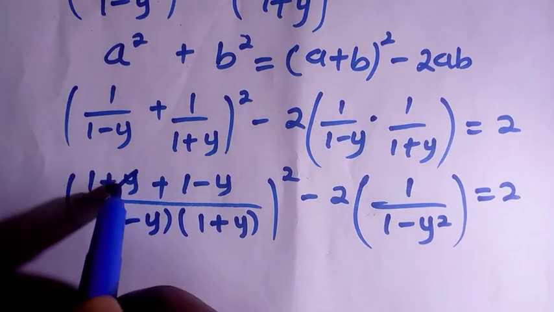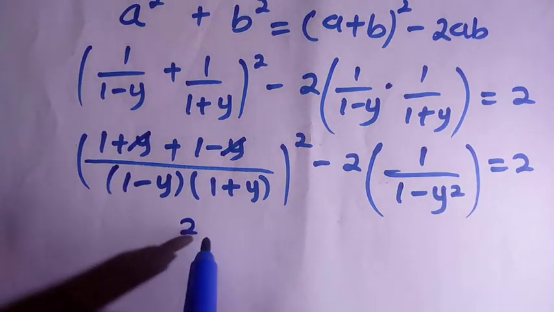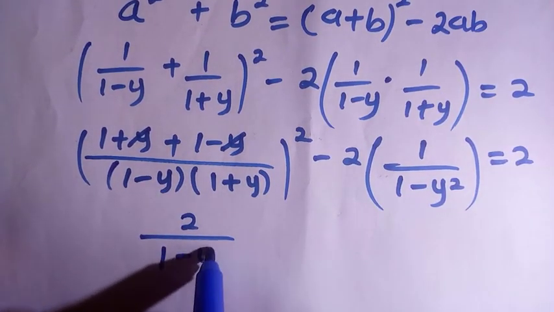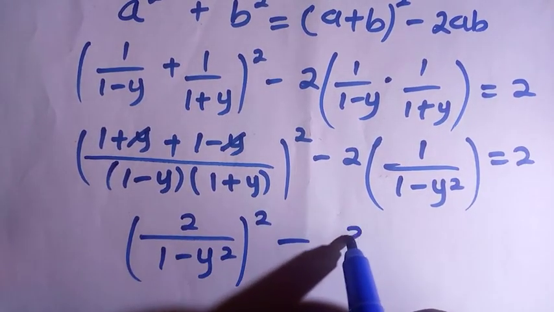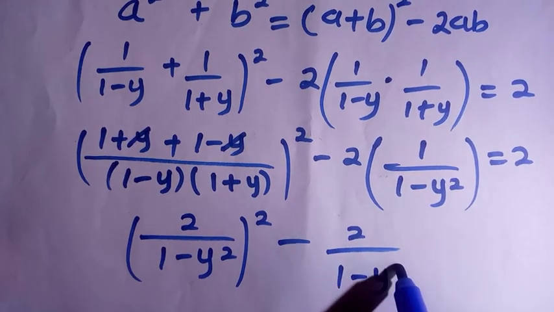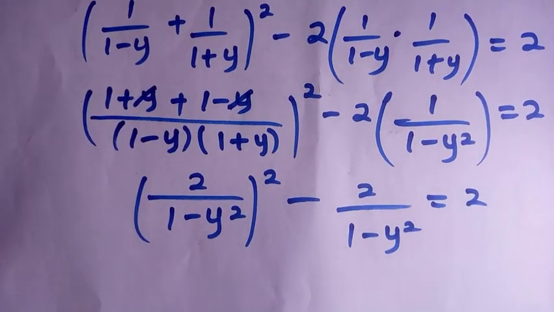Then we cancel y, and 1 plus 1 remains 2. We have this divided by a difference of two squares, which gives 1 minus y squared, all raised to power 2, minus 2 divided by 1 minus y squared, equals 2. Then I'm saying something here.